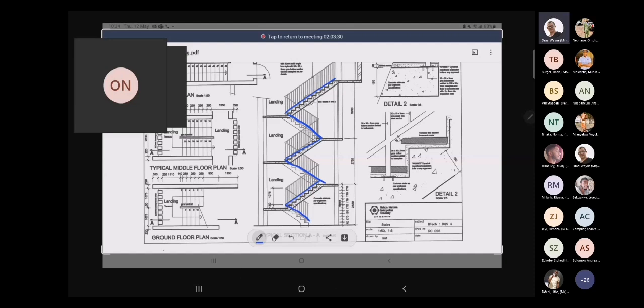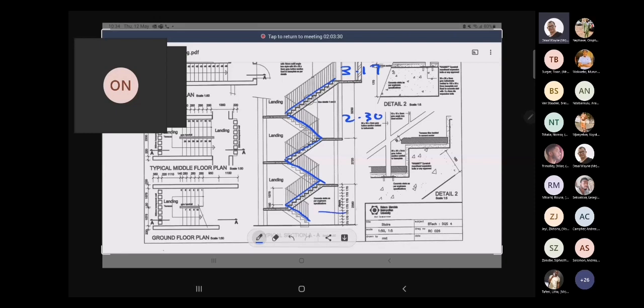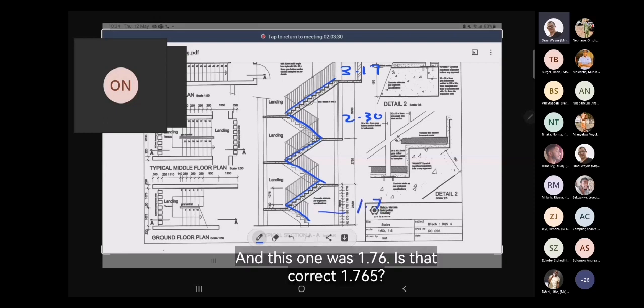My lengths at the bottom. And I've determined the length, and that was 3.17, that was 2.3, and this one was 1.76. Is that correct? 1.76.